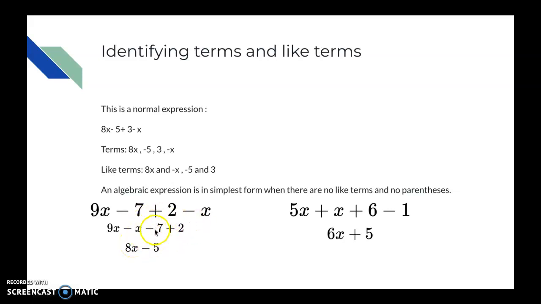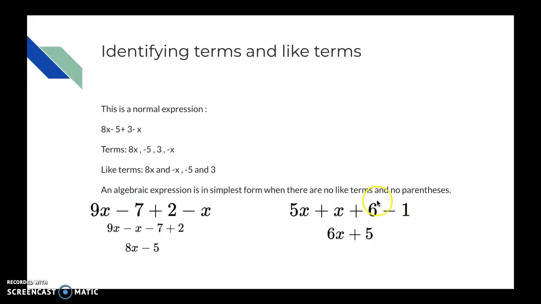Now we have here minus 7 plus 2. When there's a minus number that's greater, you're still going to have to subtract it. So we subtract it and forget about the plus. It's minus 5. So in simplest form, the whole expression should be read out as 8x minus 5.